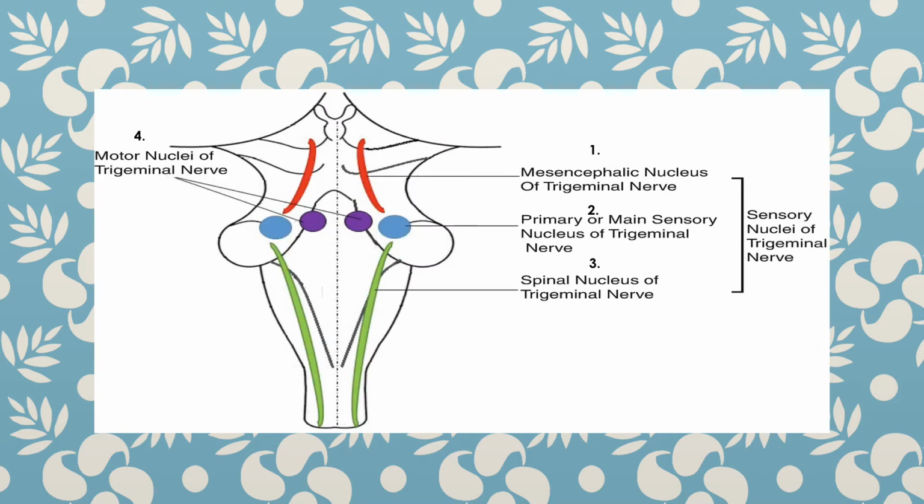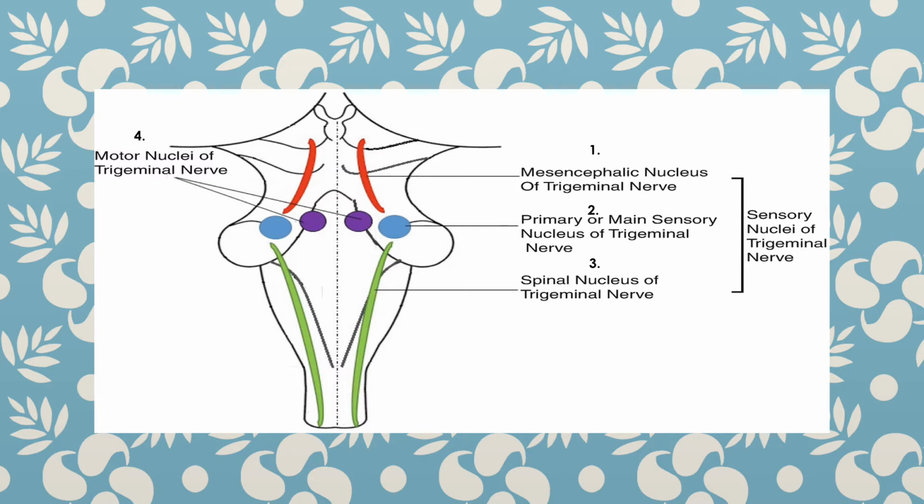You can see here the location of the nuclei. This is the coronal section of the brainstem. You can appreciate this in the figure. I have labeled them 1, 2, 3, and 4. One is the mesencephalic nucleus, which you can see in the midbrain.